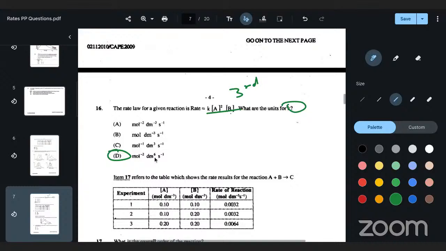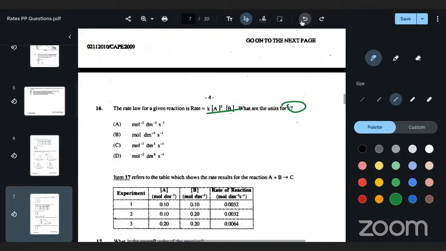It doesn't matter if you put the dm6 first. So mol^-2 dm^6 s^-1. This will always be the unit when the overall order is 3.